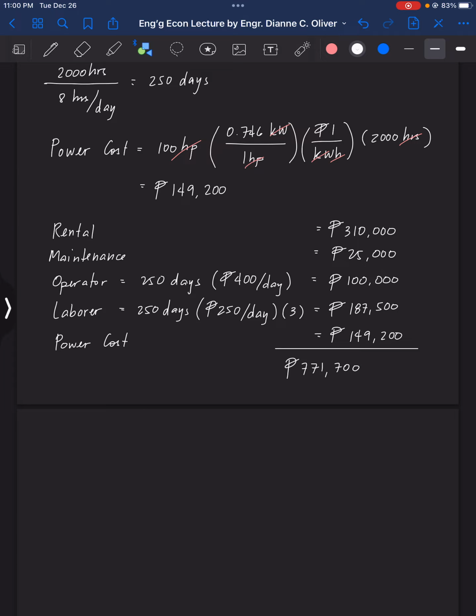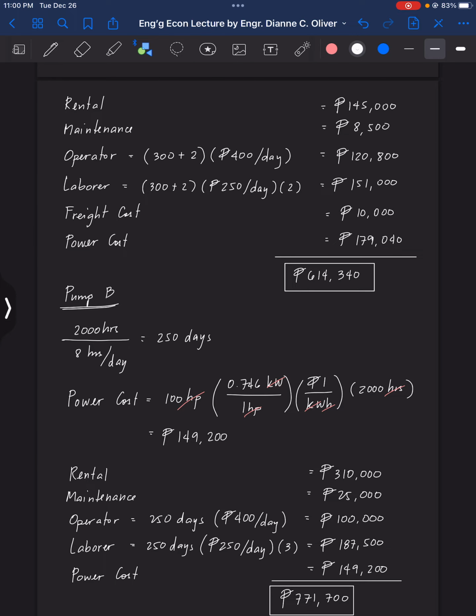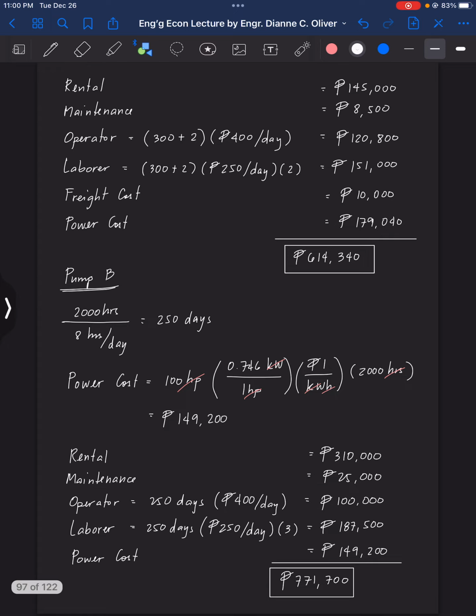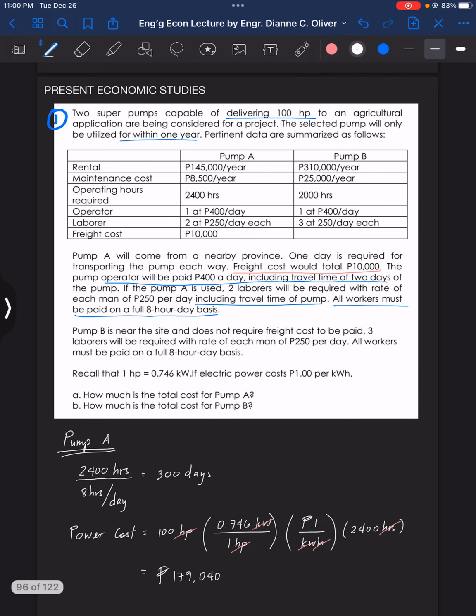So that's the total cost for pump B. And if we are being asked which of the 2 pumps is more economical, so we can say that pump A is more economical. Okay, so this is for problem number 1.